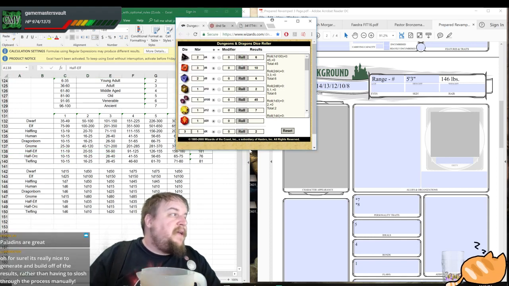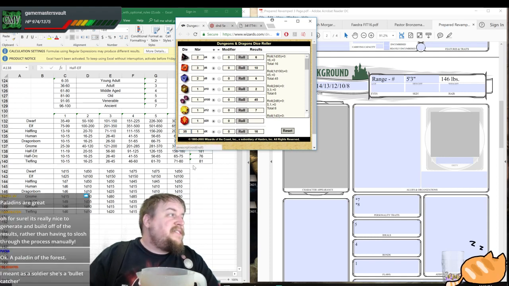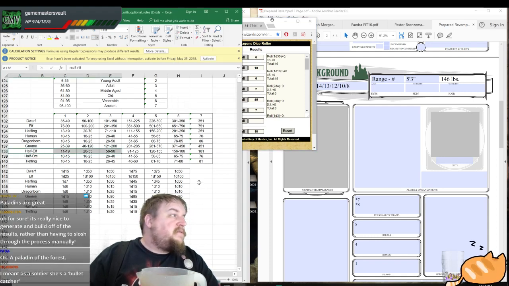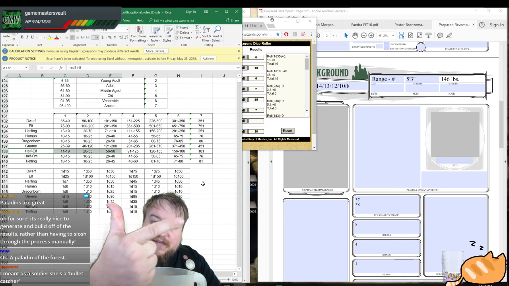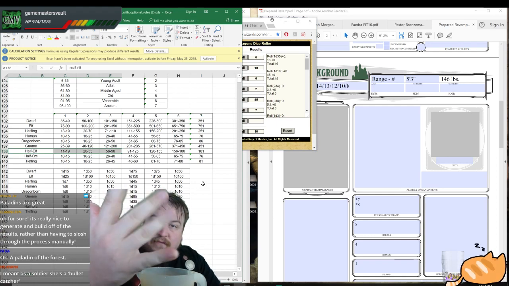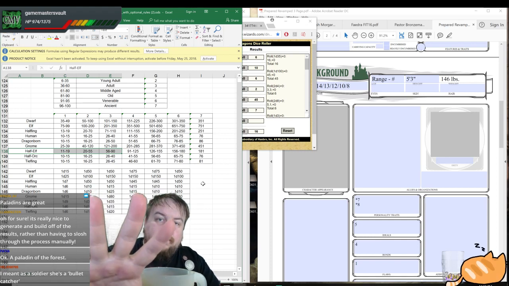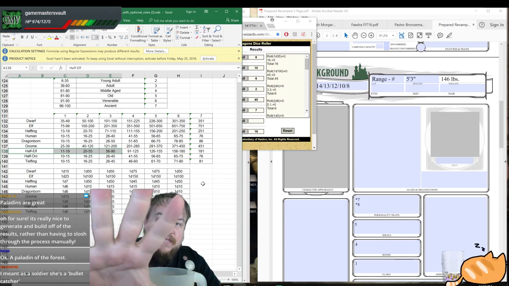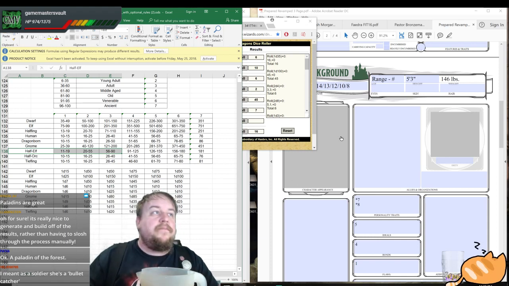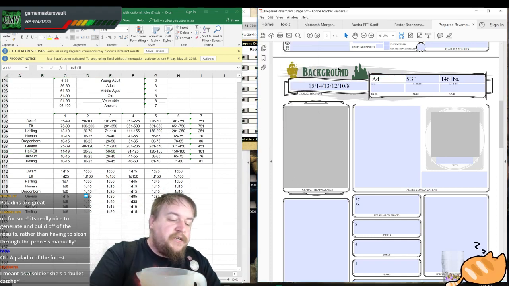So this is going to be a 35-sided die that we're going to generate, and we're going to hit roll. 16. All right, so 56, 57, 58, 59, 60, 65, right, yeah, 70, 71. She's an adult of 71 years.